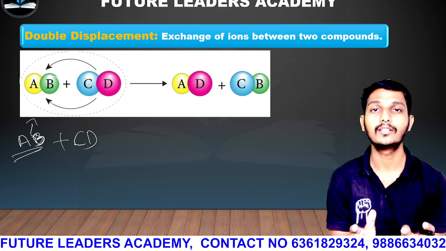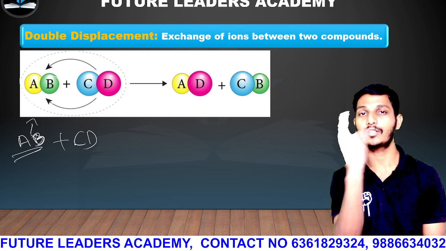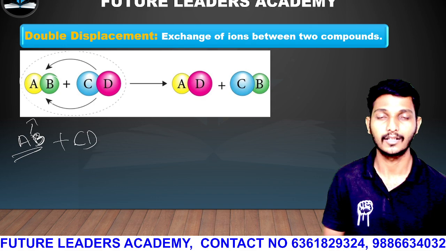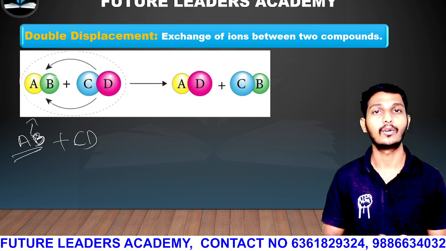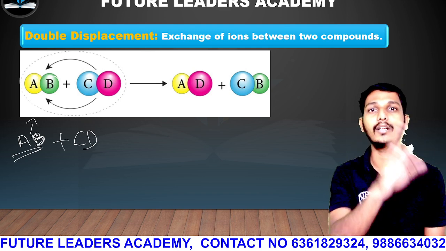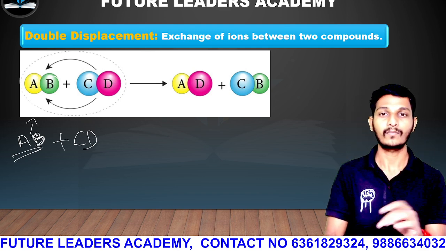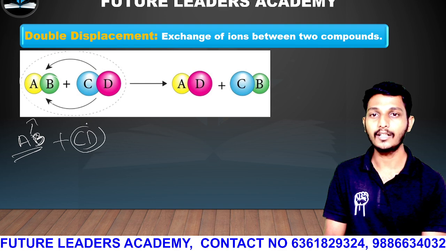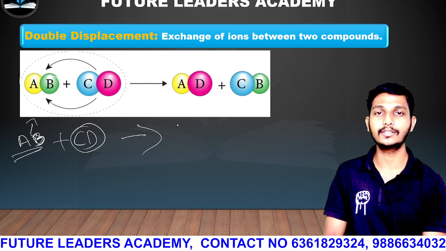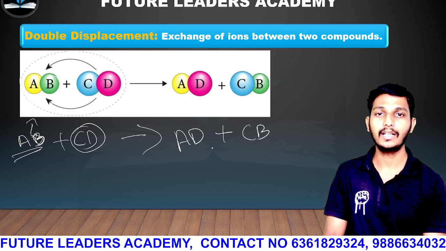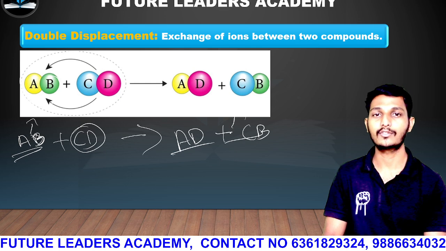Here we need to understand that an exchange of ions is taking place. Which kind of ions, positive or negative? Most of the time, just negative ions will be exchanged. So AB reacting with CD will give you AD plus CB.